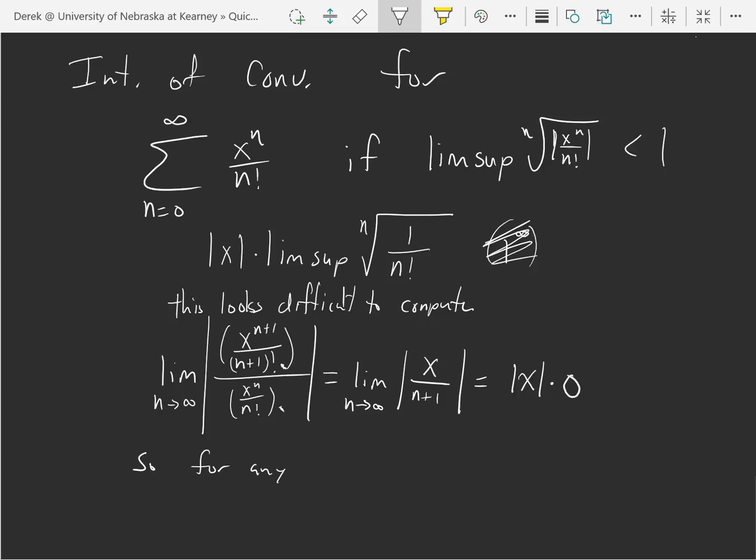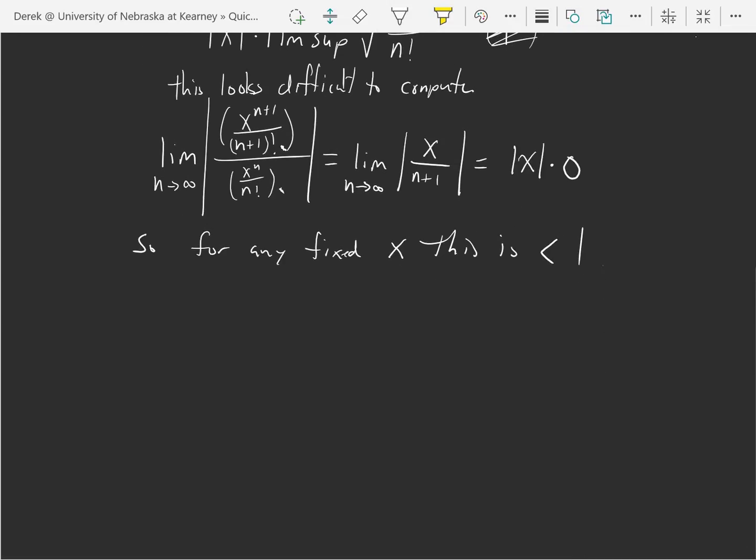So for any fixed x, this is less than 1, meaning the radius of convergence is infinite.